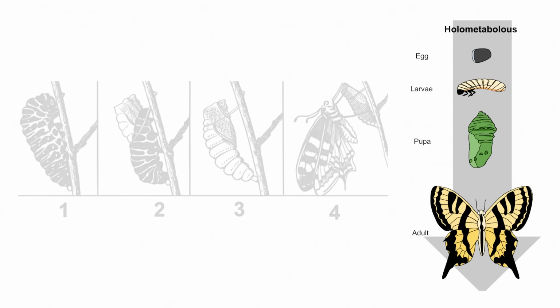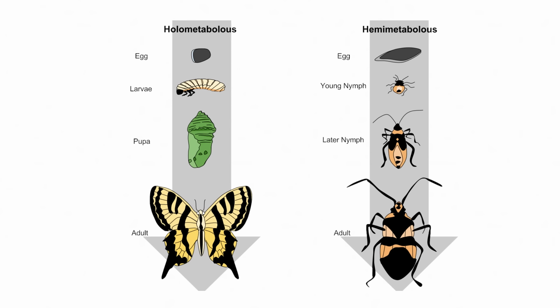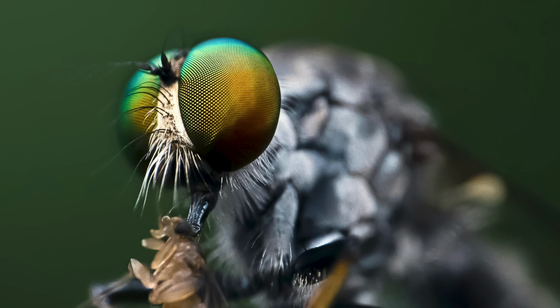Only insects with complete metamorphosis go through a pupal stage, so larva, pupa or cocoon, adult, whereas incomplete metamorphosis just goes from different nymph instars into adult.